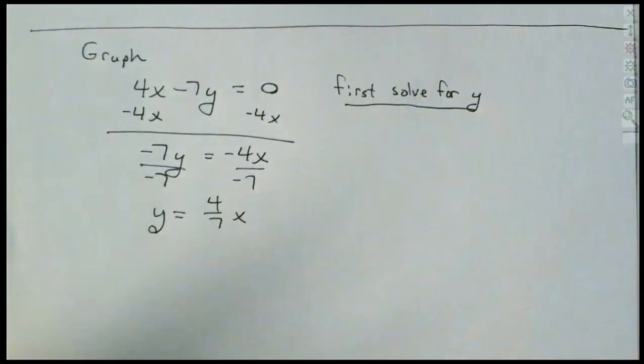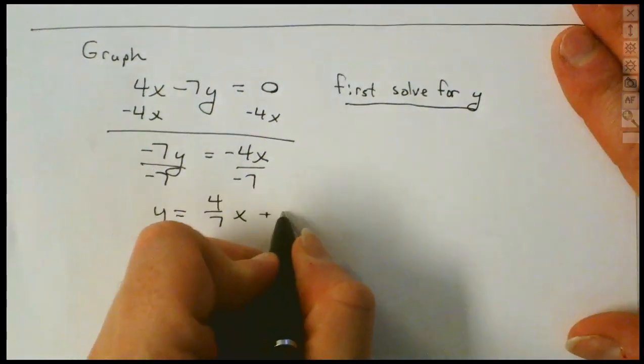I picked this one on purpose because there's no number on the end. Like the last one, there was a minus 2 on the end, so we started down 2 units. This one doesn't have a number. So if there is no number on the end, what do you think it's going to probably be? It's going to probably be 0, right? If there's nothing on the end, then we start at 0 because we can add on 0 if we want to.